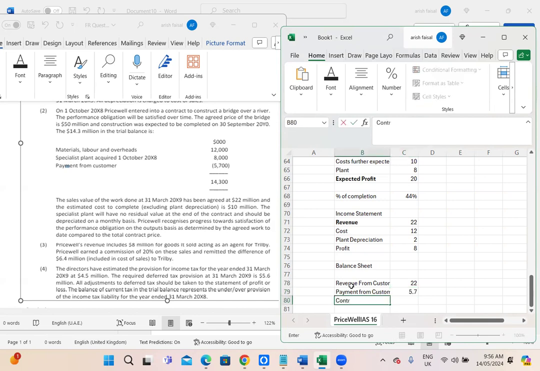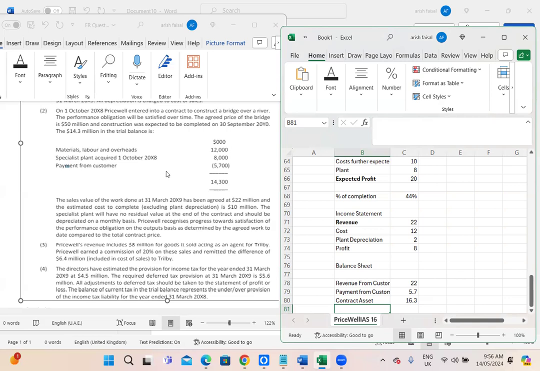So it creates a contract asset. I mean, they owe you the money. So it's an asset because 22 is the work which has been satisfied. So from there, you just have received 5.7. So 22 minus 5.7, you will show up a contract asset of 16.3 million in the balance sheet, right?